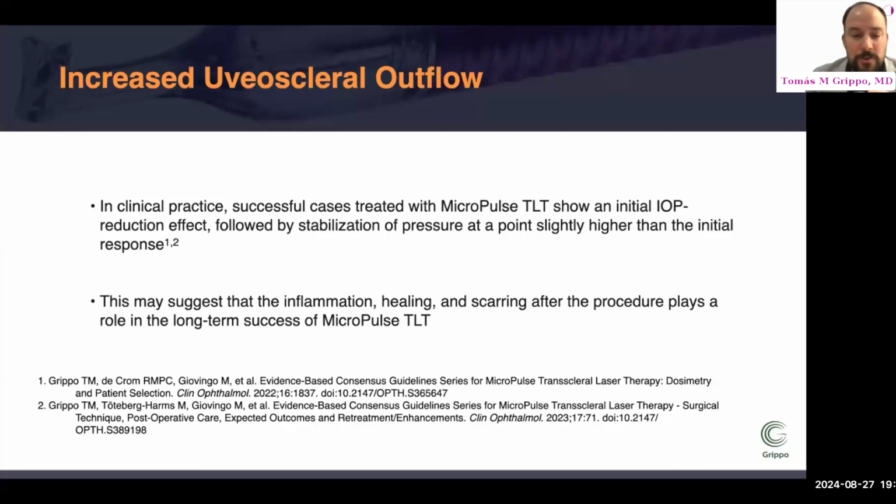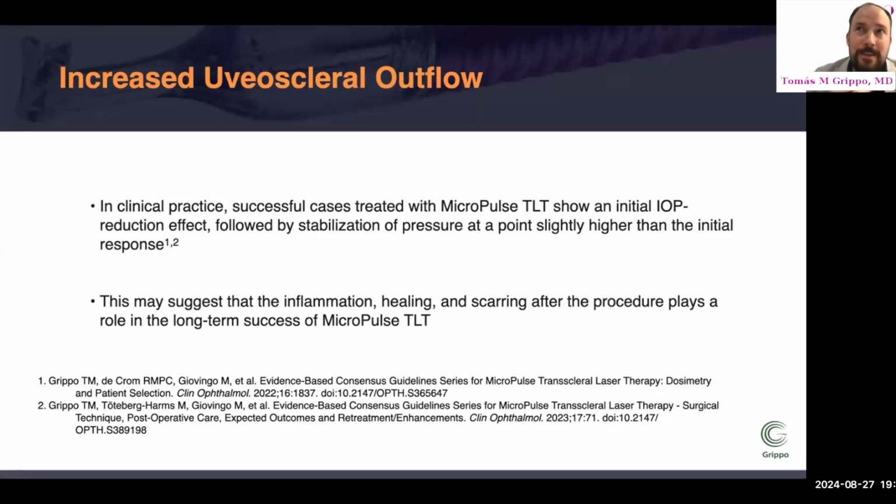In clinical practice, usually what we see is that when we treat a patient with MicroPulse, usually within a week, we get a significant pressure reduction that, after several weeks down the road, let's say up to 6 weeks, would diminish to some extent. So initially there is a big response, then you lose a little bit of a response, but you still have a significant reduction in intraocular pressure.